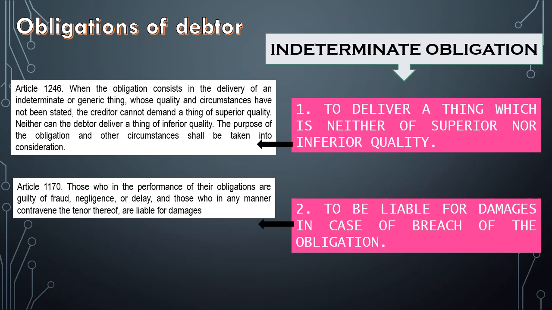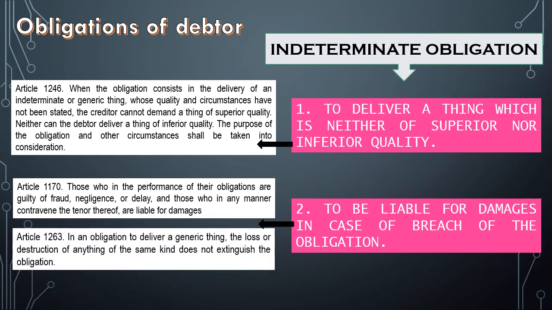Sabi natin sa discussion natin, if the thing involved is determinate or specific, si debtor is not liable. How about if the thing involved is generic? Is the debtor still liable if it is due to a fortuitous event? The answer is yes.